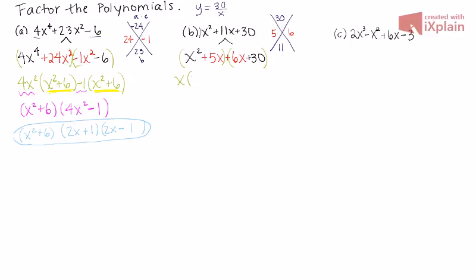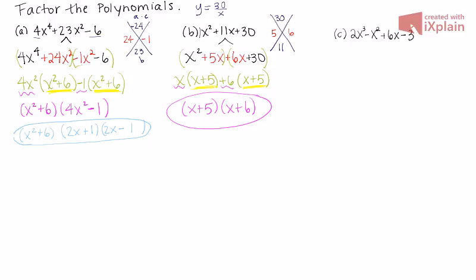I'll pull that out and I'm left over with x plus 5. I'll look for my GCF of 6x plus 30, which is 6, so I'll pull that out and I'm left over with x plus 5. They both have x plus 5 in common, so I know I did it correctly. My two factors will be x plus 5, and then my stuff that's remaining on the outside, which is x plus 6. And this is your final answer.